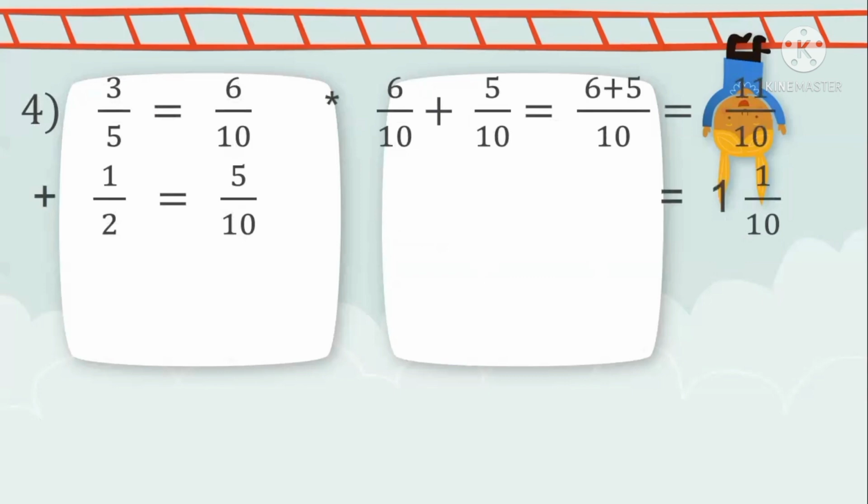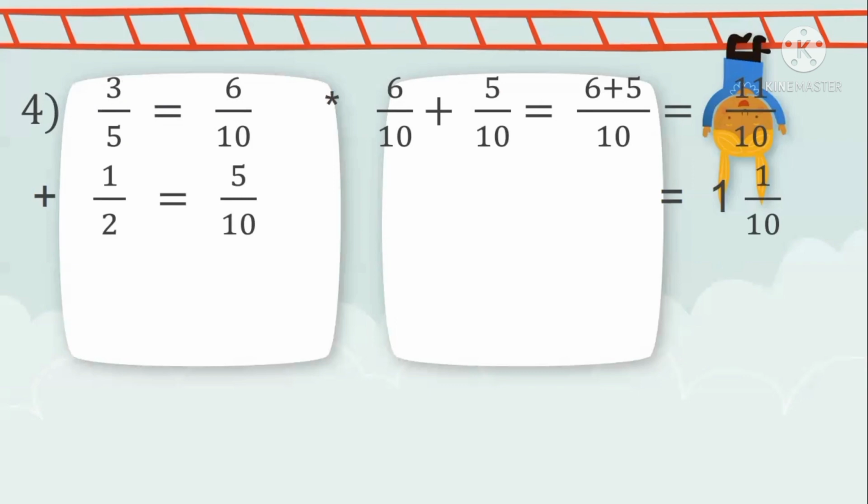Multiply that to 3, it is 6. So 3/5 is an equivalent fraction of 6/10. And proceed to the next. 10 divided by 2 is 5. Multiply that to 1, which is your numerator, and then your new numerator is 5. Now we have already similar fractions, so we could directly add the numerators.